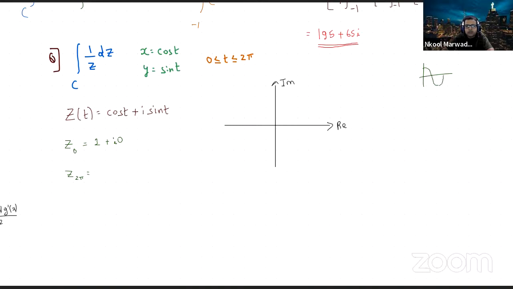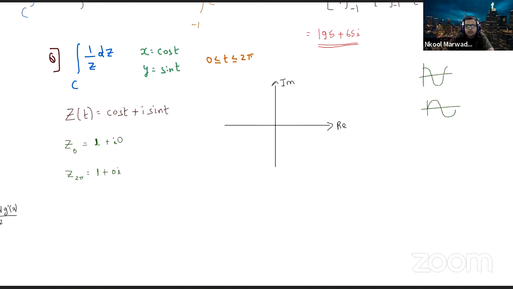Cos 2 pi is 1, and sin 2 pi will be 0 from the graph. So I am getting the same point, 1 comma 0.